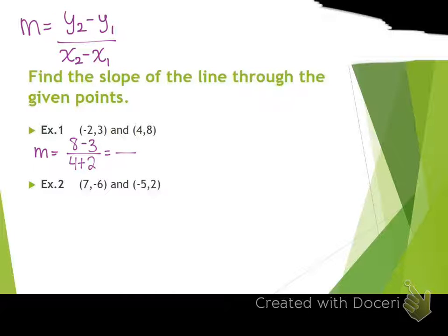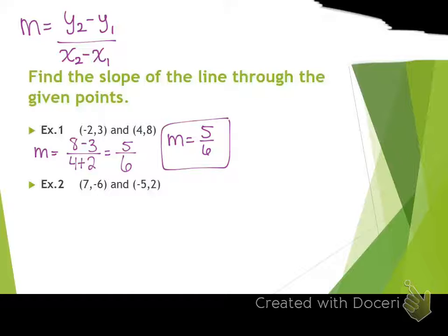We would have had 4 minus negative 2, and that's why it switched to being plus. 8 minus 3 gives me 5. 4 plus 2 is 6. So our slope is 5/6. Go ahead and try the second one, and we'll talk about the answer in just a moment.